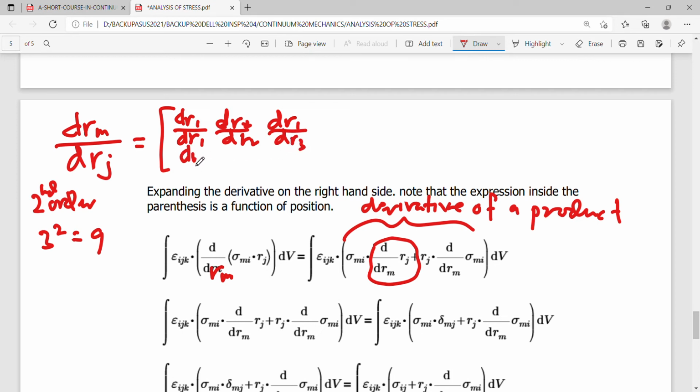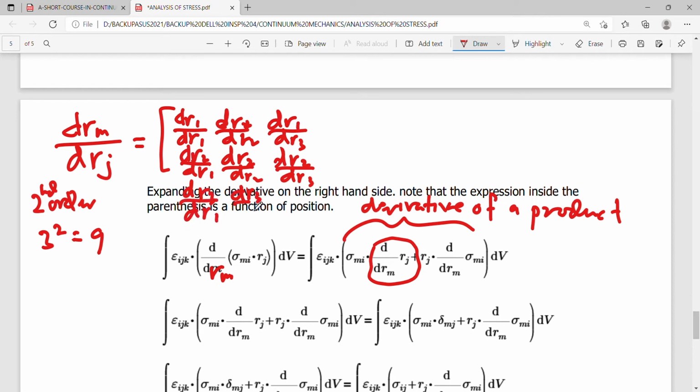Then the next, I have the derivative of r2 with respect to r1. Derivative of r2 with respect to r2. And derivative of r2 with respect to r3. And on the third row, I have the derivative of r3 with respect to r1.